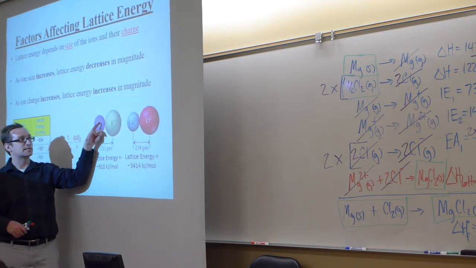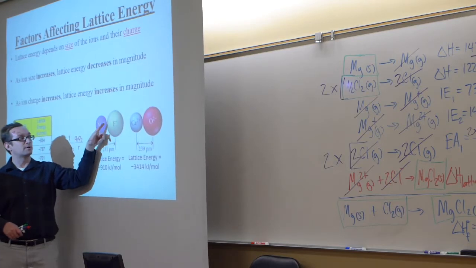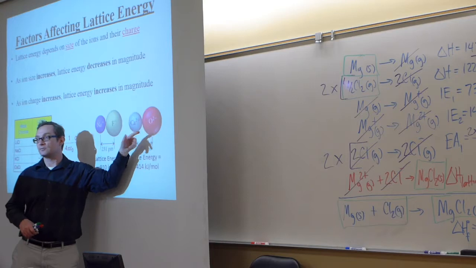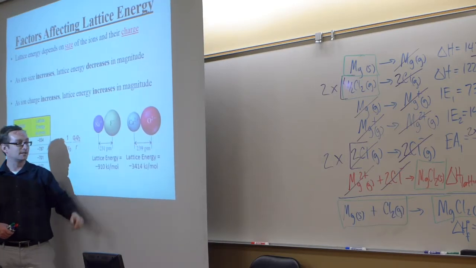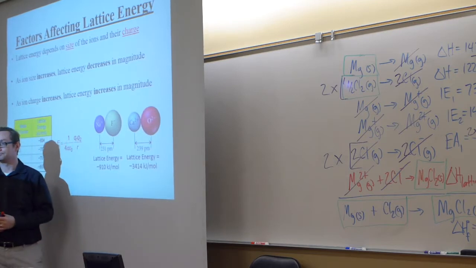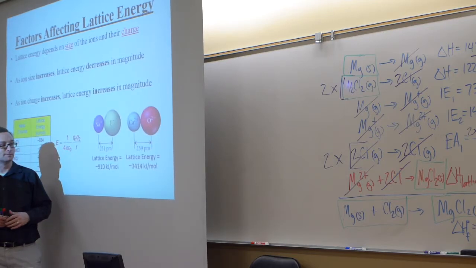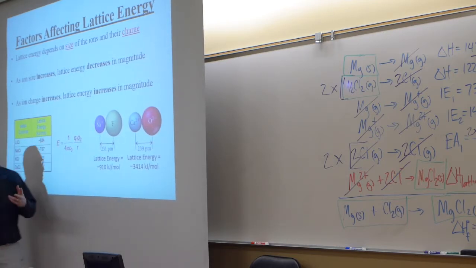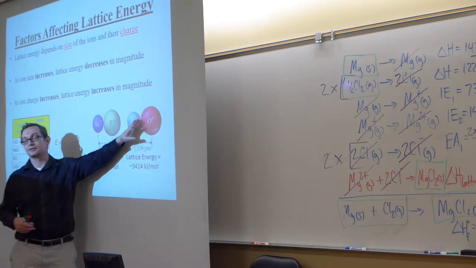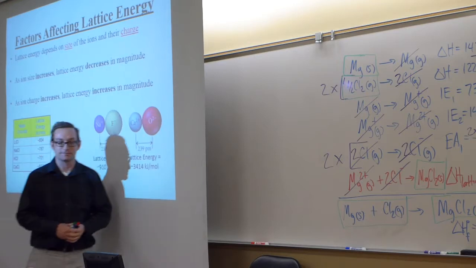This is a matter of the extent of the charges. +1, -1 versus +2, -2. These charges attract even more than these two. And so the lattice energy is quite a bit larger for calcium oxide. Does that make sense? So there are two factors: ion size and magnitude of the charge. Those two things affect lattice energy.